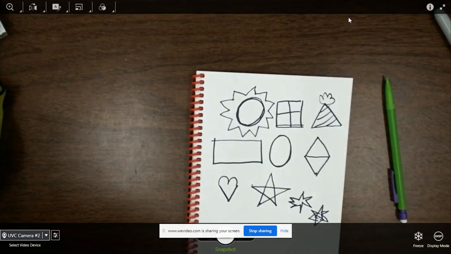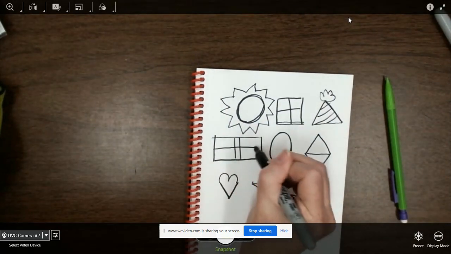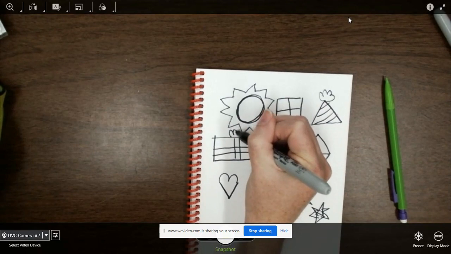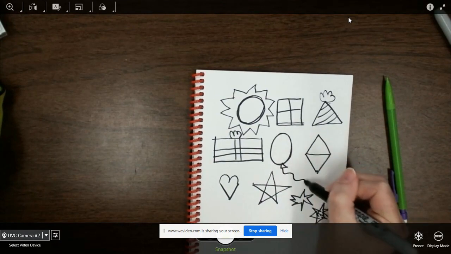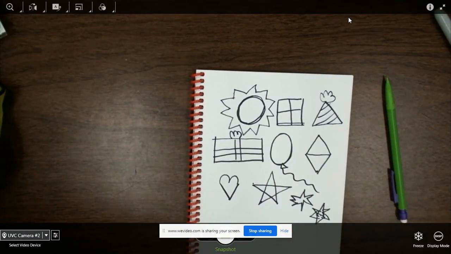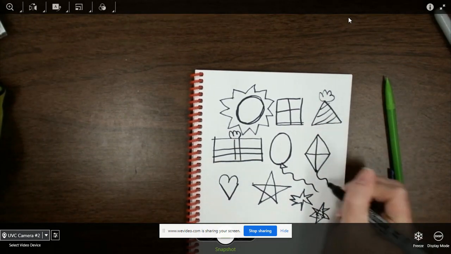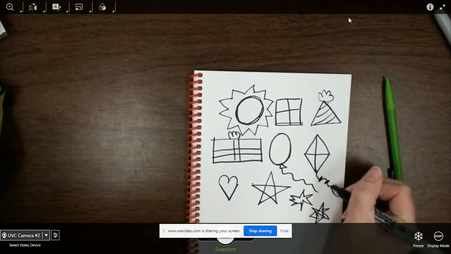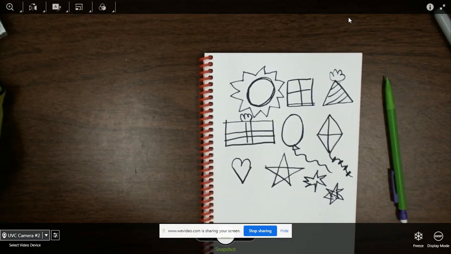A birthday hat. Maybe we're going outside to go to a birthday party. We might want to take a present and some balloons. Or maybe we just want to go outside and fly a kite. So we can turn shapes into all sorts of things. I hope you have fun practicing your shapes today.